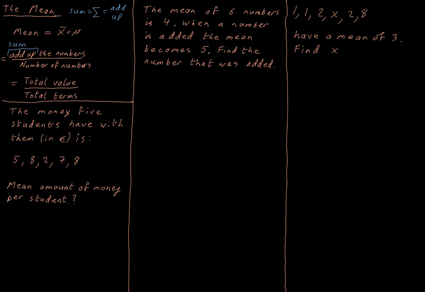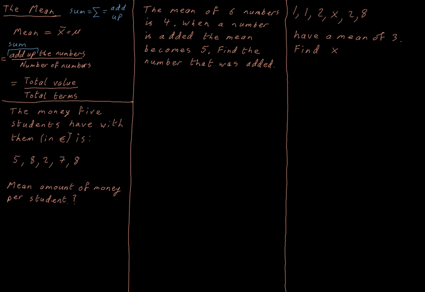So we have the total value of all of our numbers added up together, divided by the total number of terms in our dataset. And this idea of thinking in terms of totals can be very useful for harder questions. So this definition is perfectly correct. This can be more useful for phrasing it to get us into the right headspace for what we do for harder questions. Now let's get into some examples.